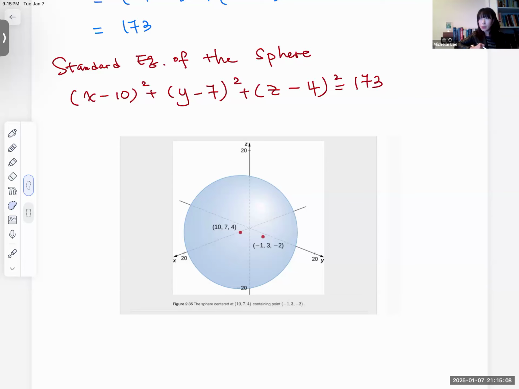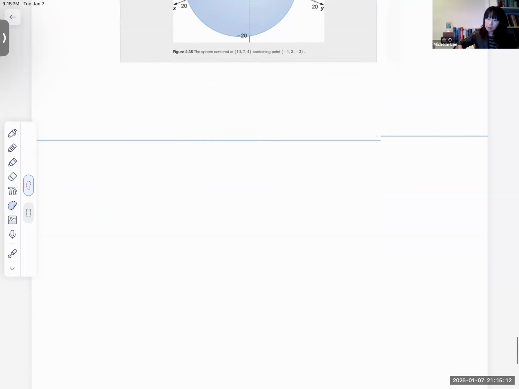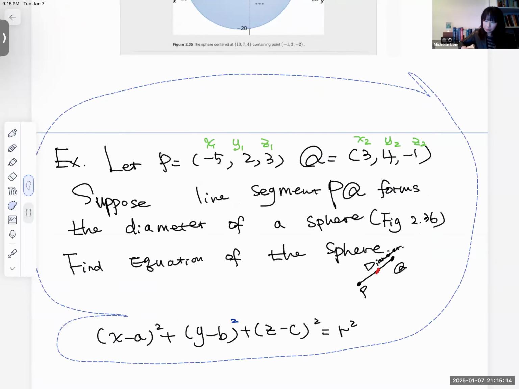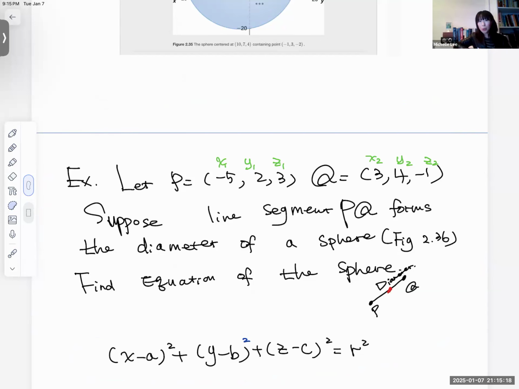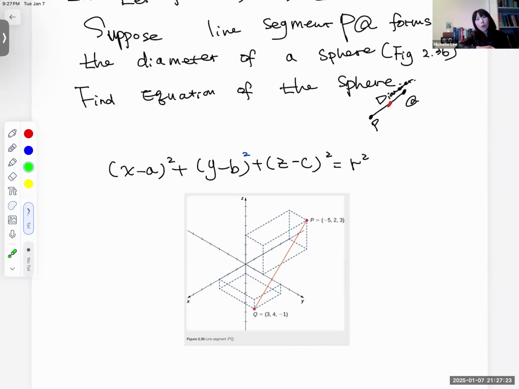Okay, so let's move on to another question. So here you go. We have 2 points. They say that PQ forms a diameter of the sphere, right? Let me bring up the picture one more time. So I have a picture from the textbook.